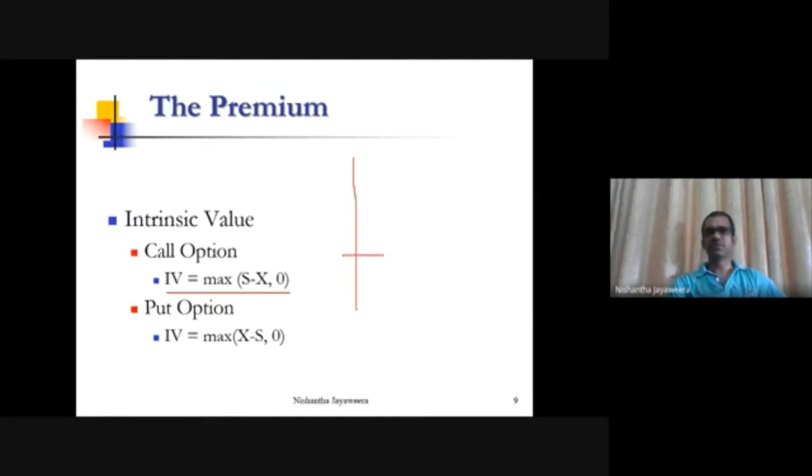Take a call option. Assume this is the strike price, and these are spot price S1, spot price S2, and spot price S3.